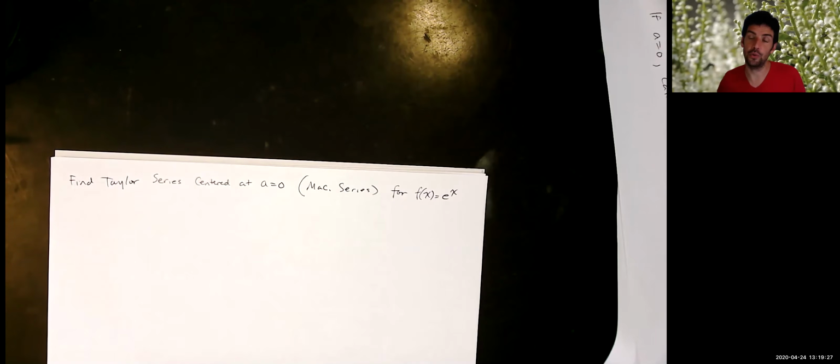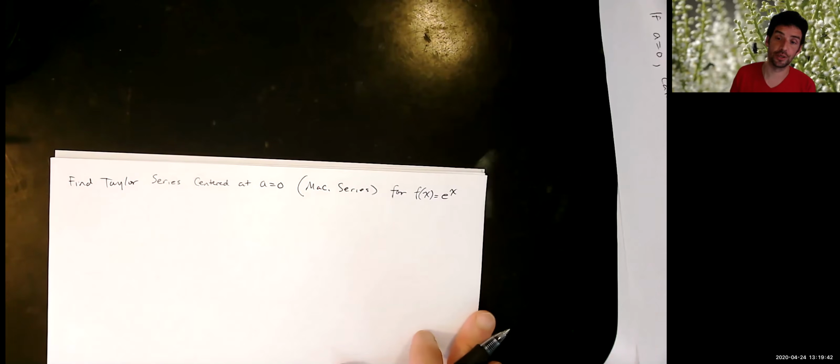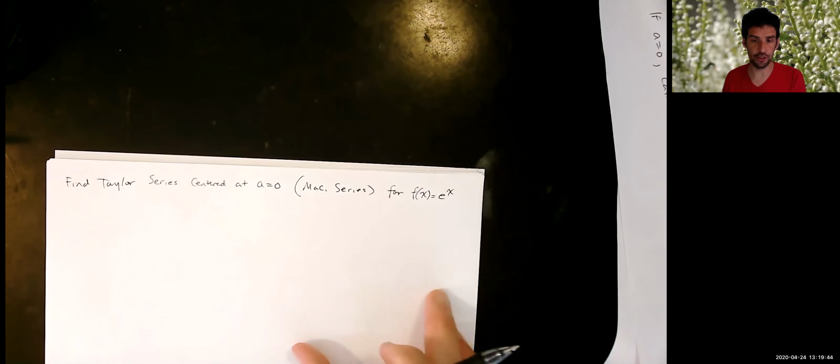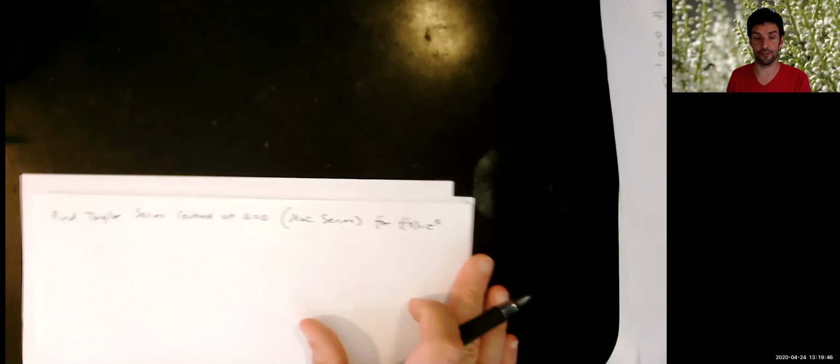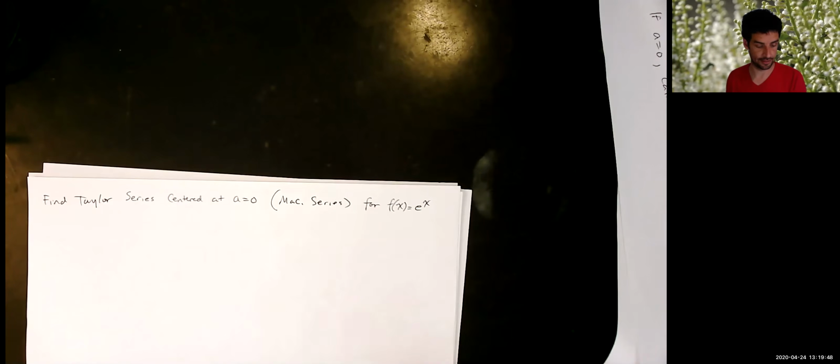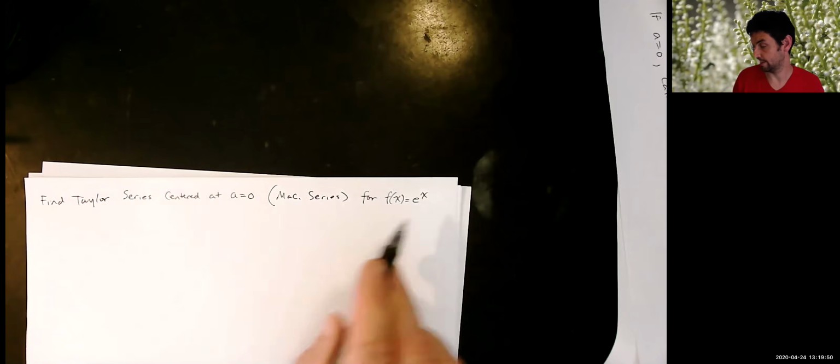Now, we're cheating a little bit. I'm assuming right now that this even exists, right? There's no guarantee that this function has a Maclaurin series or a Taylor series, okay? We'll talk a little bit later about how we would go about showing this. But for now, let's just assume that it exists and go through the process of finding these constants.